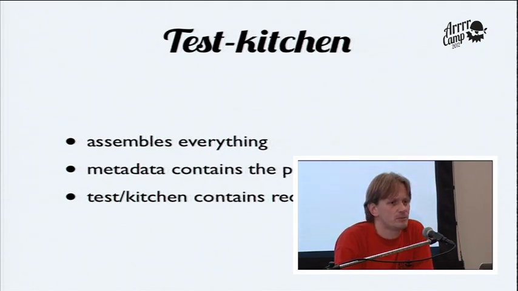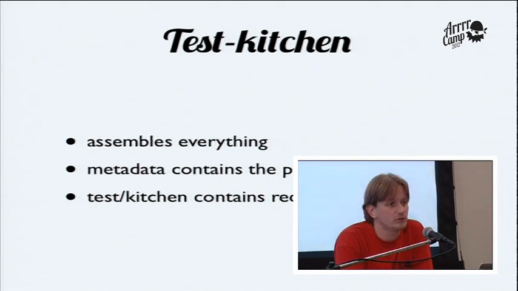And then there is Test Kitchen. Test Kitchen is the answer to testing that Opscode gave us. Together with the Chef release, a gem was released called Test Kitchen, and what this actually does is assemble everything I already talked about. It does the Foodcritic stuff, it does the minitests, it does some sort of the Cucumber feature lists.